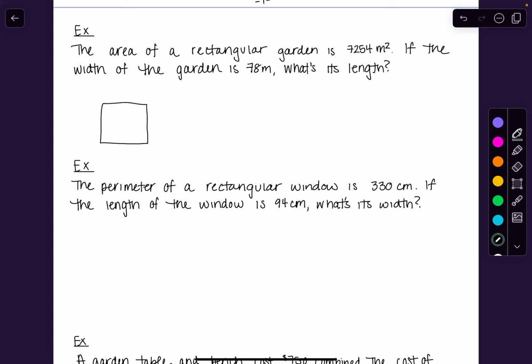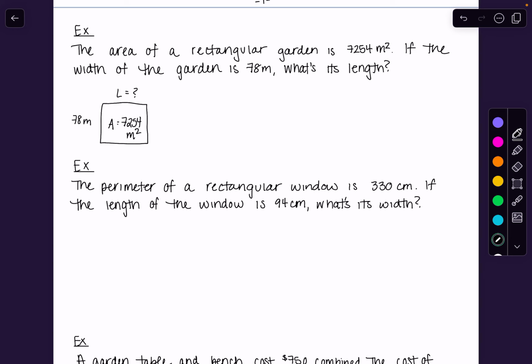So we don't know the length, so I'm going to call one side of this L. But we do know the width is going to be 78 meters. So no need to assign a variable to this because it's given a fixed amount. And then I do know that the area of this rectangle is 7,254 meters squared.